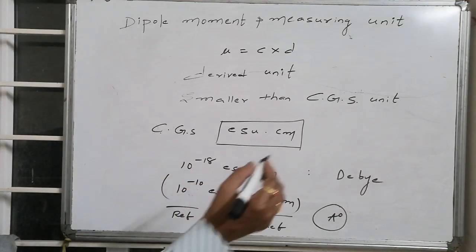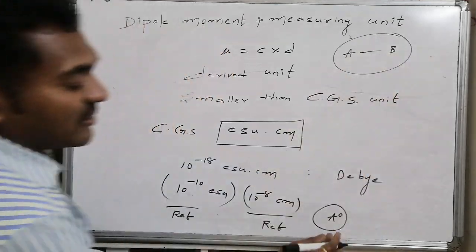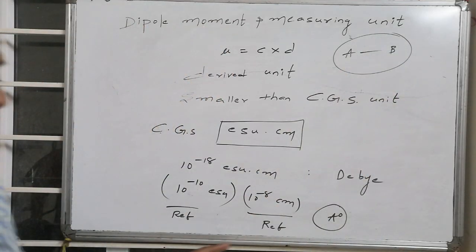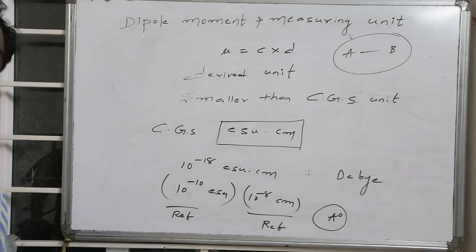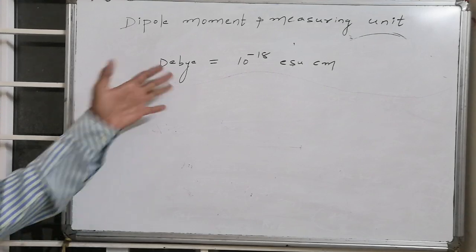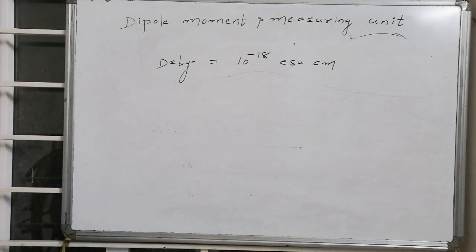Whatever the bond length between A and B, if I express it in Angstrom units, every 1 Angstrom is taken as the reference distance. That is, 1 Debye is equal to 10 power minus 18 ESU centimeter.